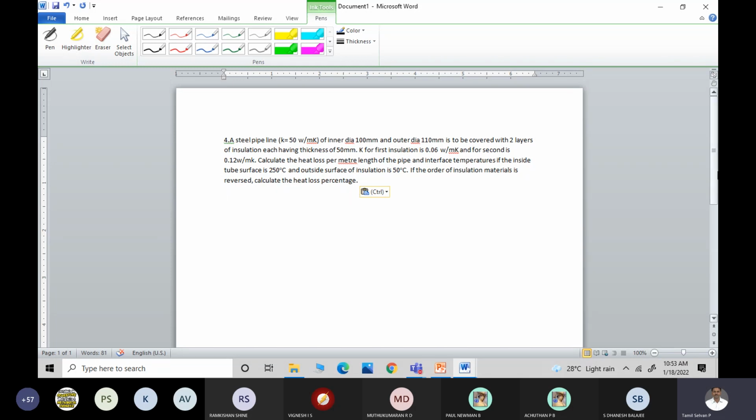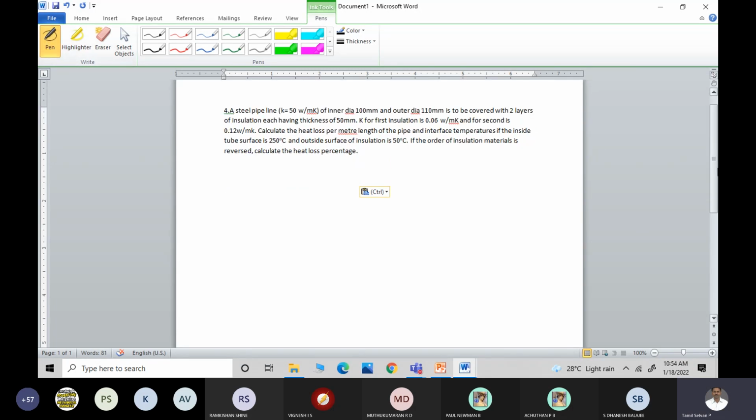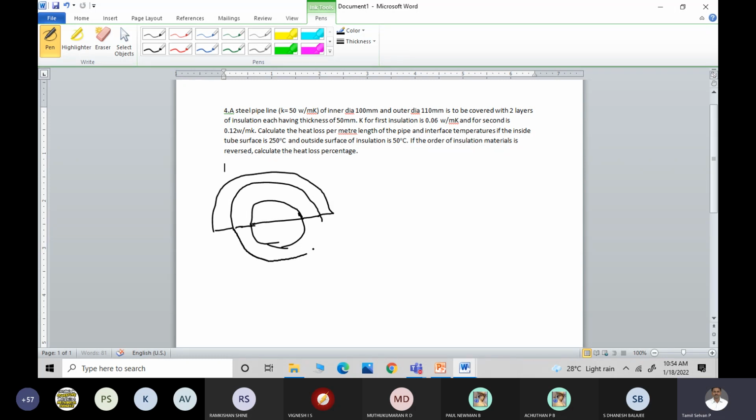Okay, so this is slightly important. Why do I say important? Because you are changing the layers of insulation. First you have the pipe inner material, inner diameter and outer diameter, and then you have 2 radii of insulation. There is no convective resistance, only conductive resistance.